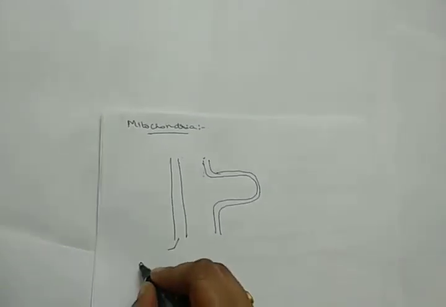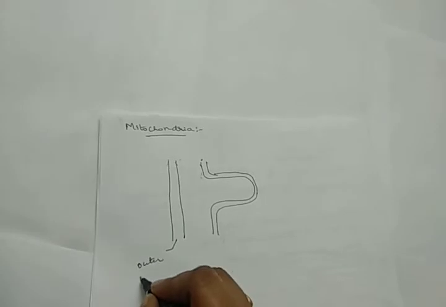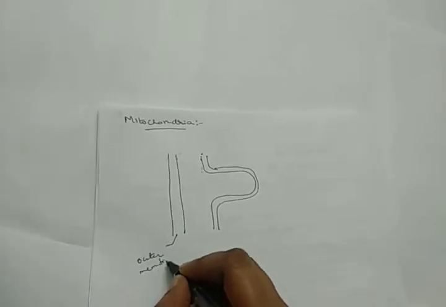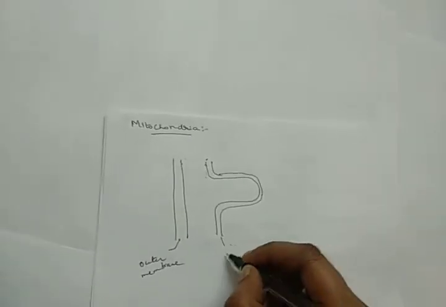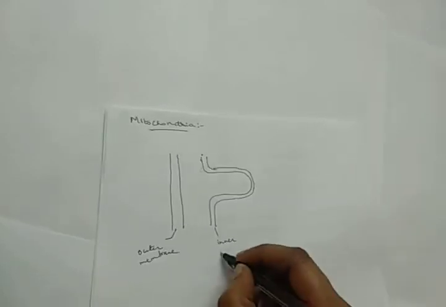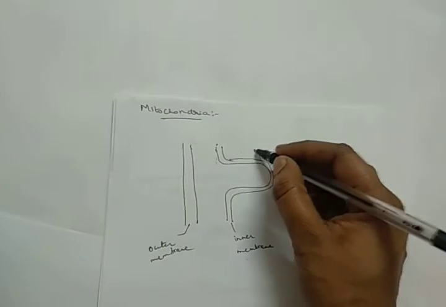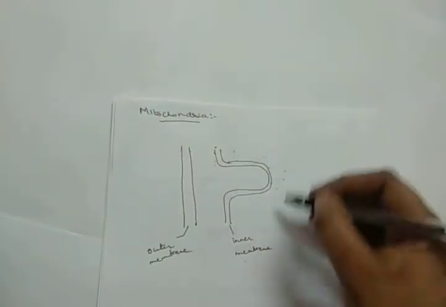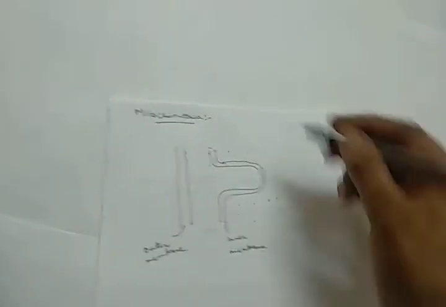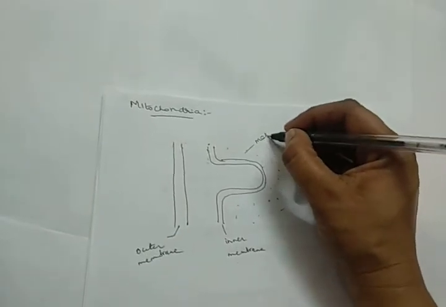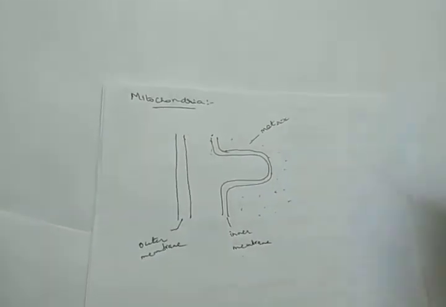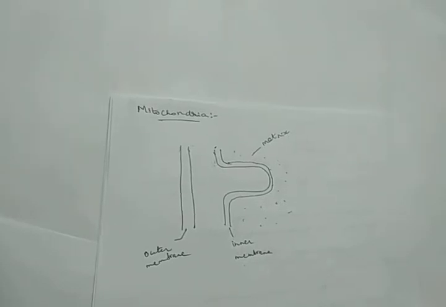So we have the two layers, the outer membrane and the inner membrane. This you are going to call the outer membrane and this you are going to call the inner membrane. Inner to this you can observe the presence of the matrix. This part you are going to call the matrix.